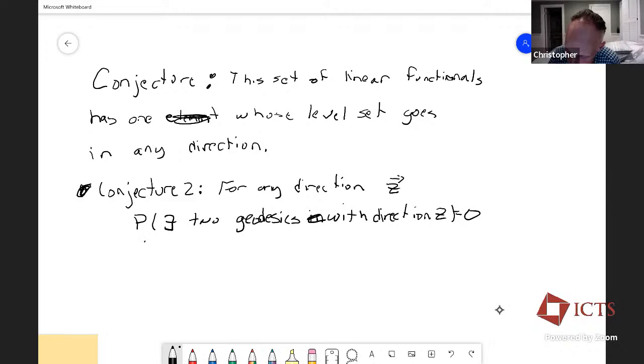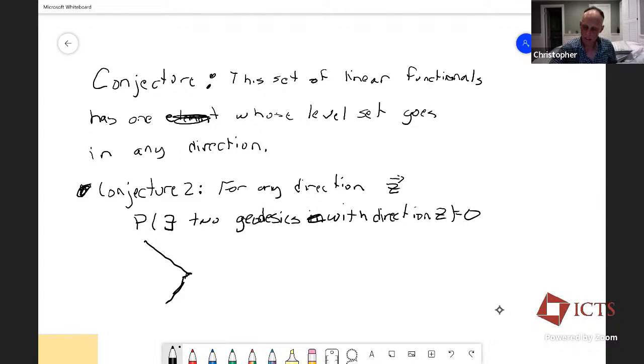And why is that? Well, how could a convex set in the plane not have a boundary which is differentiable? It's got to have a sharp corner.